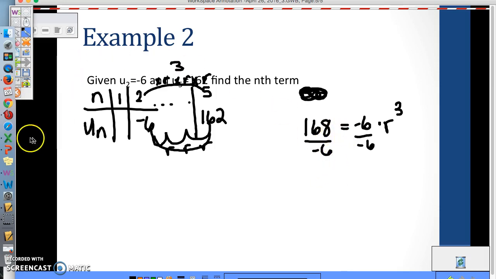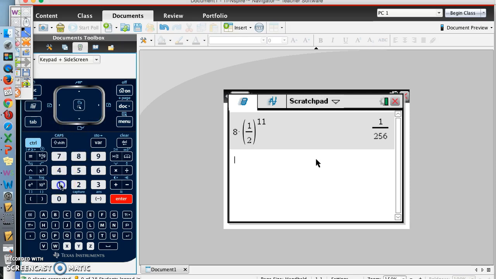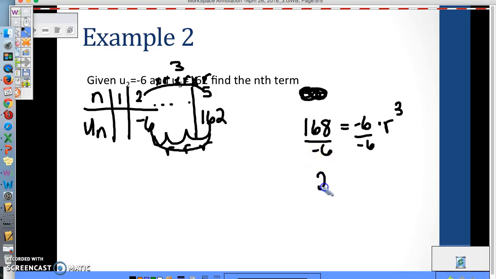So we end up with, let's see, what's 168 divided by 6? 28. So 28 equals r cubed. And then we take the cube root, so we have the cube root of 28. And I thought it turned out to be a nice number, so let's double check everything here.